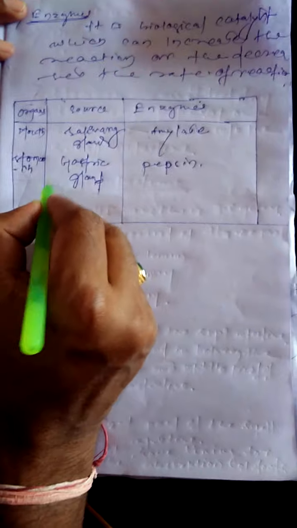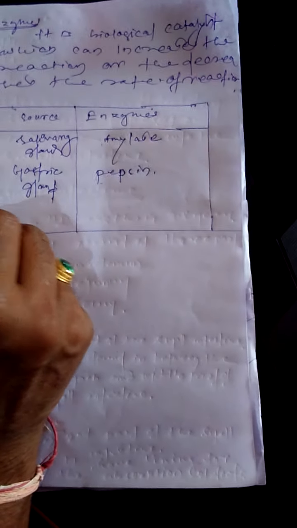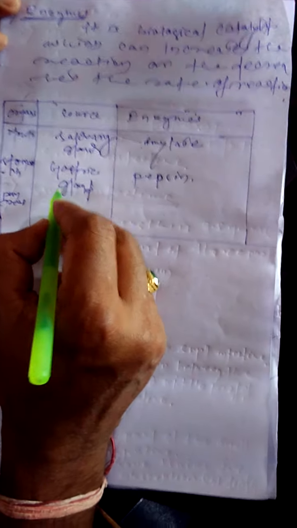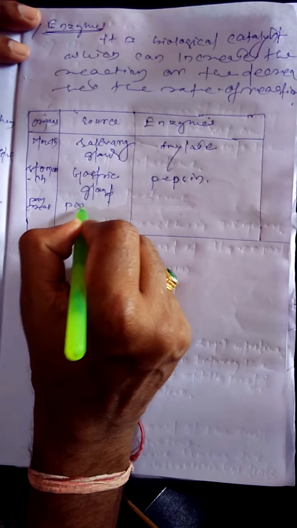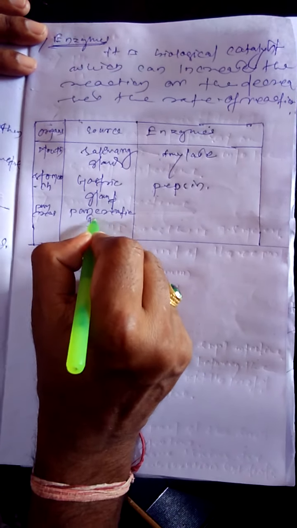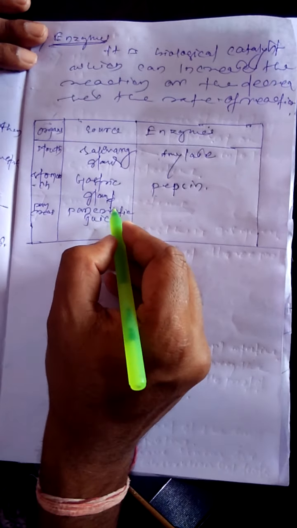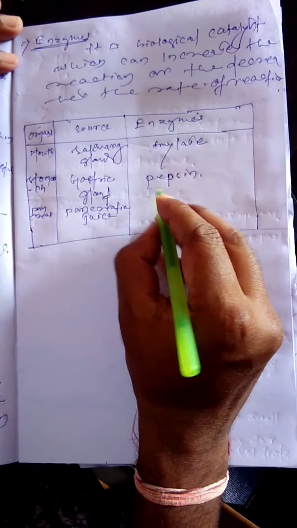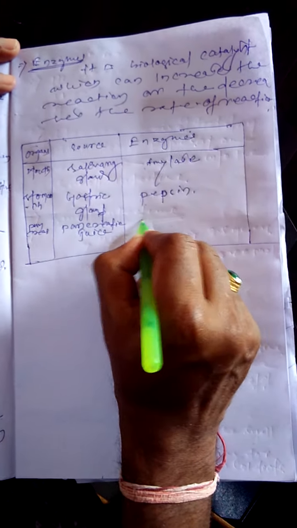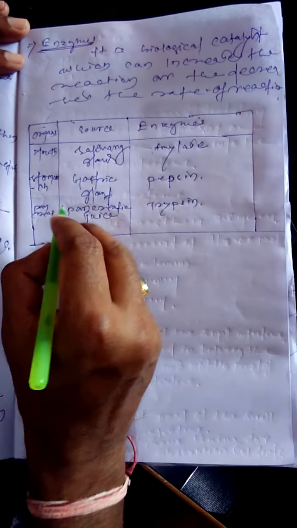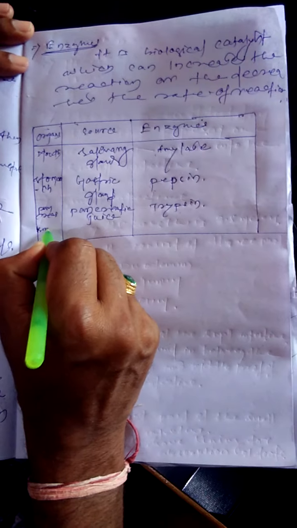Another we can say pancreas. Source is pancreatic juice. Type of enzyme is trypsin. Another we can say small intestine.